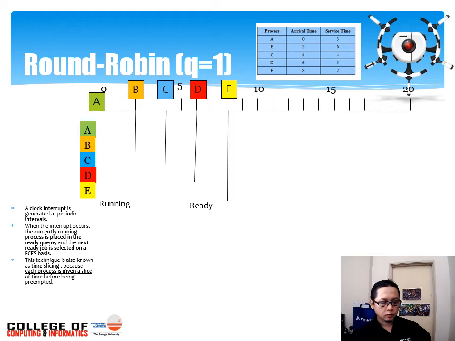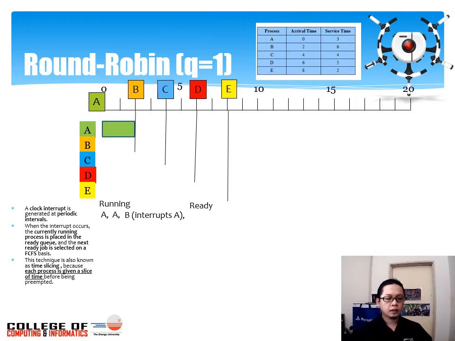So for the first time, A arrives, then A executes, and after that A executes again because there is no process interrupting A. On the diagram you can see that A executes for 2 time slices before the arrival of B. Then B interrupts A because B has arrived in the queue.